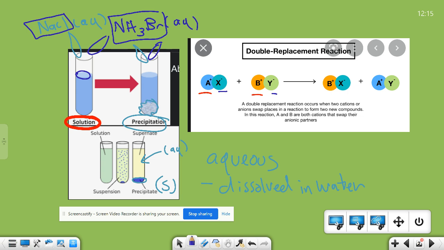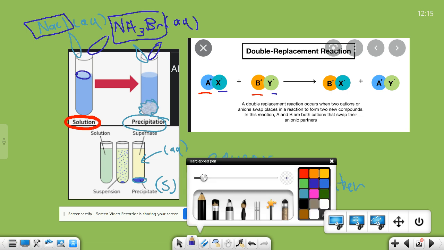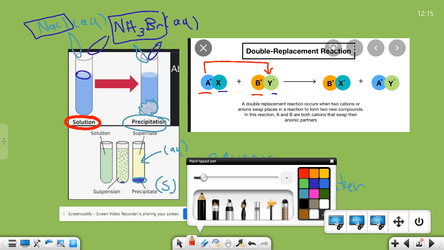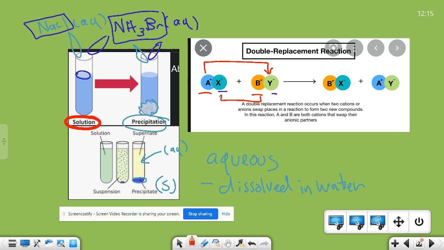Think about it like this: they're going to switch, and they're going to connect with the opposite in the pair. They used to have a show called Wife Swap, where for a day or two the moms would go to a different household and be the mom of that new house. Basically, that's what's happening here.